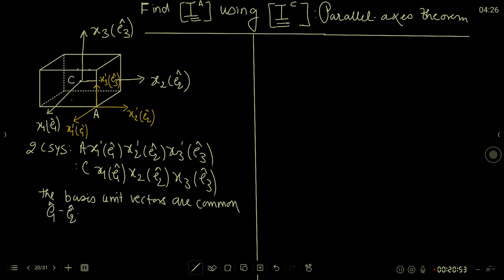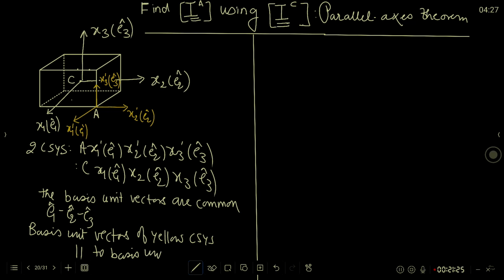We can also say that the basis unit vectors of the yellow coordinate system are indeed correspondingly parallel to the basis unit vectors of the white coordinate system.